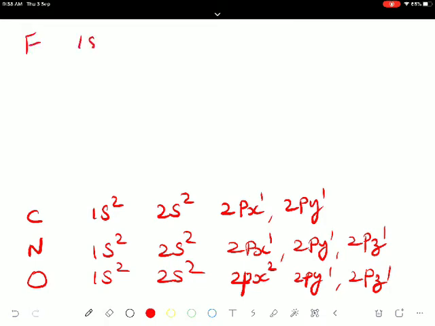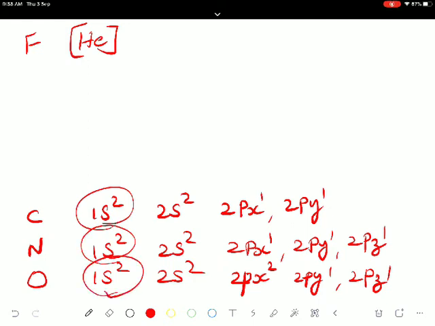Fluorine 1s2. For this 1s2 you can write helium. Instead of this 1s2, if a noble gas comes, you can put that noble gas. So in these places you can put helium, no problem. Helium 2s2, 2px2, 2py2, 2pz1.